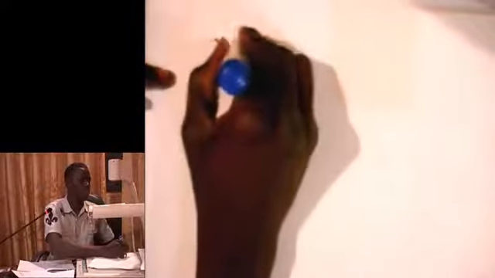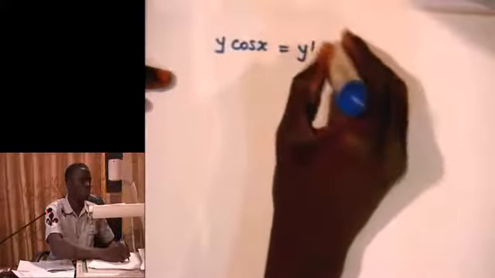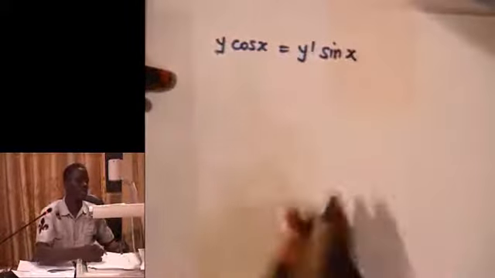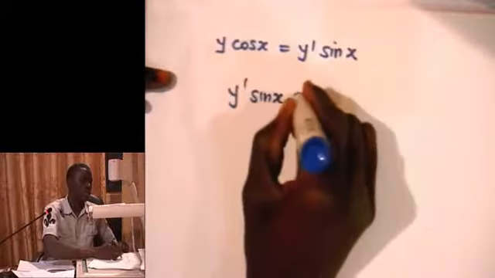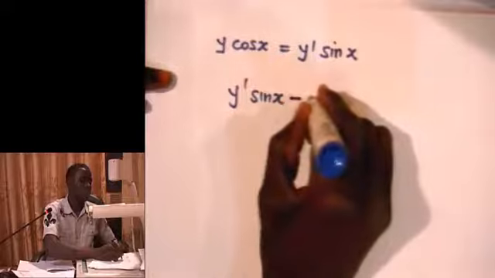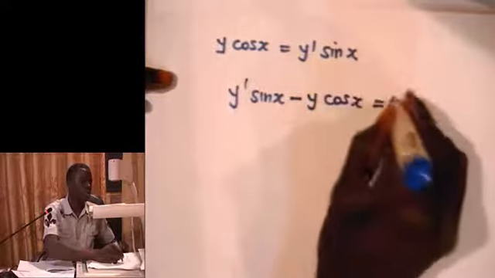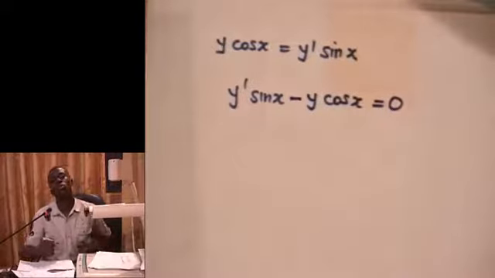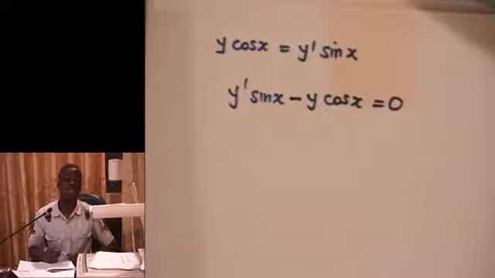Simple simplification: y cos x equals y prime sine x. So you can bring this to this side: y prime sine x minus y cos x equals 0. The constant is eliminated, and here we have a differential equation, an ordinary differential equation. You can go further by dividing through by sine x.